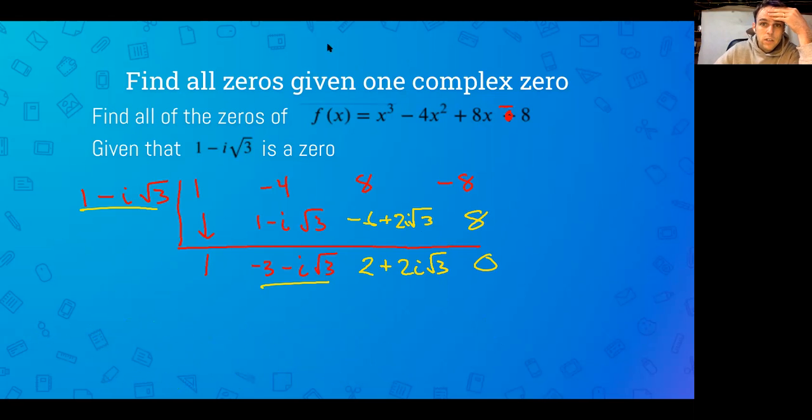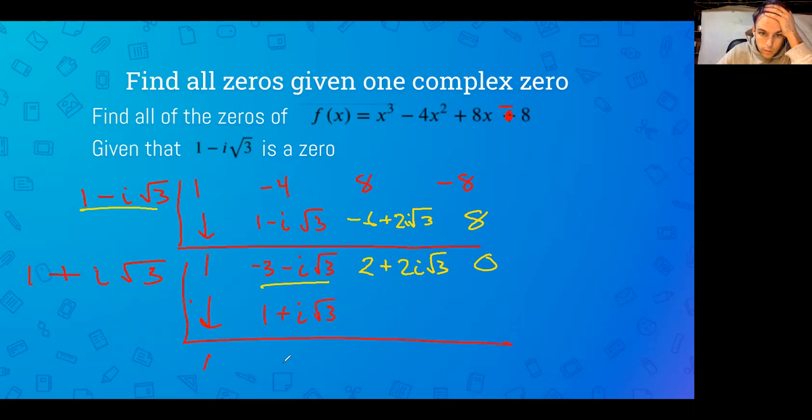I need to do synthetic division with that one again with my conjugate pair for this. So that is 1 plus i root 3. We know this also to be a root, and we're going to divide out that one. So, okay, bring down the 1, multiply this by 1. Oh, that's nice.